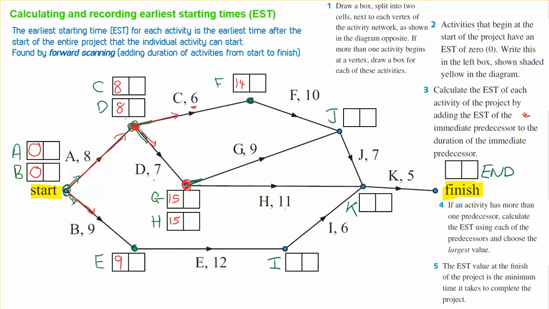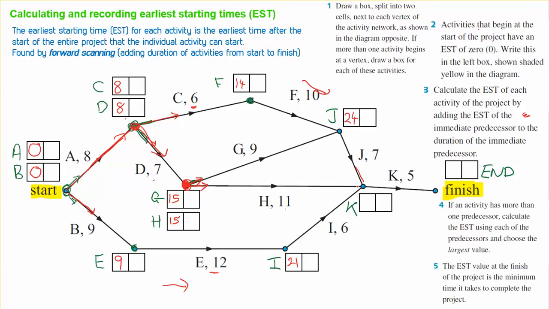Another way to understand this is that G and H cannot begin until A and D have both been completed. And it took 15 days for both A and D to be completed. If we keep following the network, 9 plus 12 is 21. Up here, 14 plus 10 equals 24.